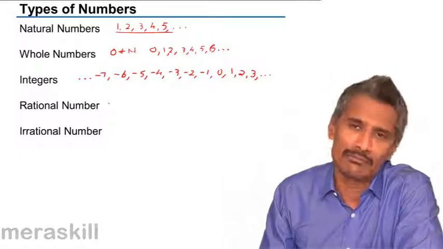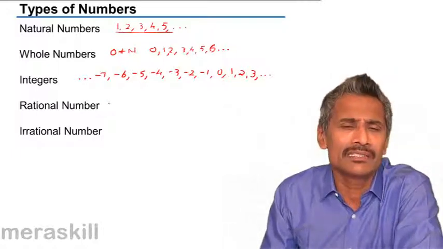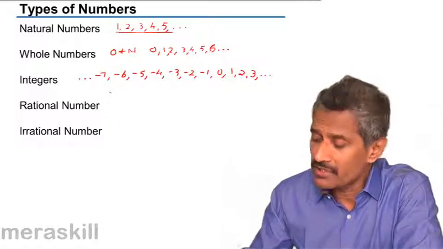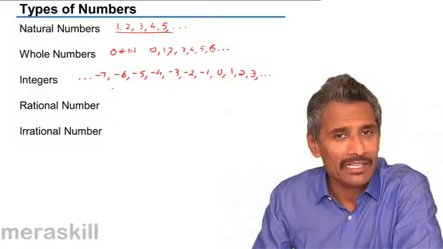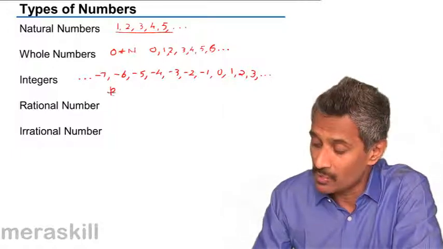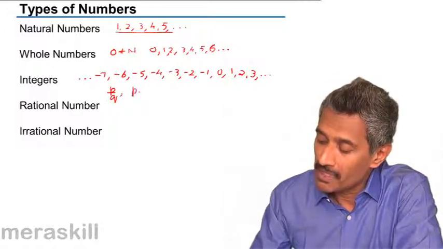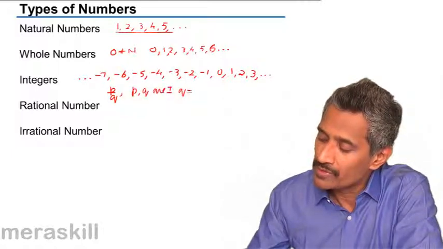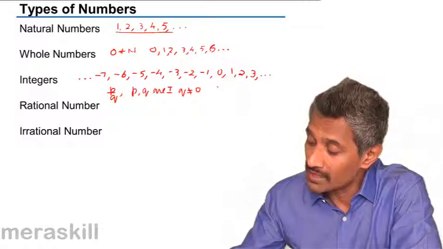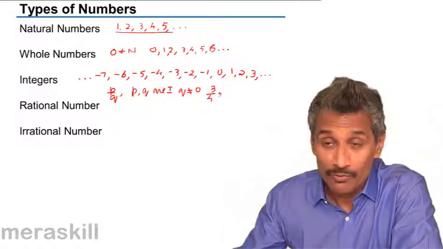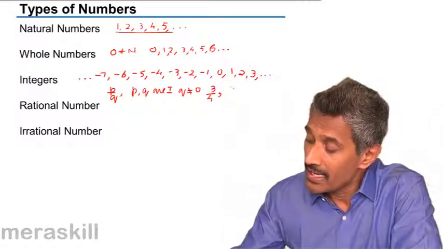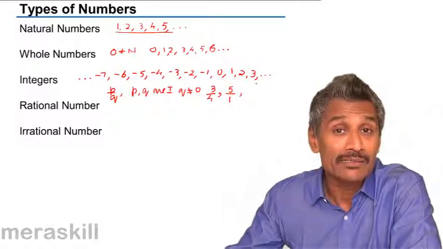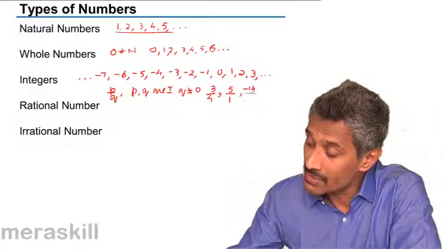Then a rational number. In simple words, rational meant a sensible number which has a rational existence. Generally a rational number could be any fraction of the form p by q, where p and q are integers and q is not 0. So it could be 3 by 4, where 3 and 4 are integers, and 5 itself, 5 can be written as 5 by 1, or minus 7 can be written as minus 14 by 2.